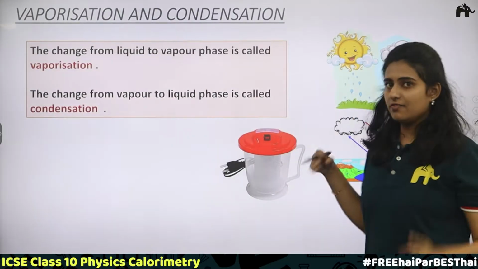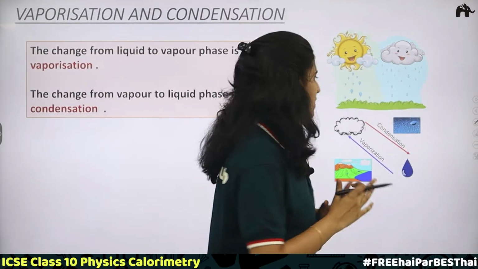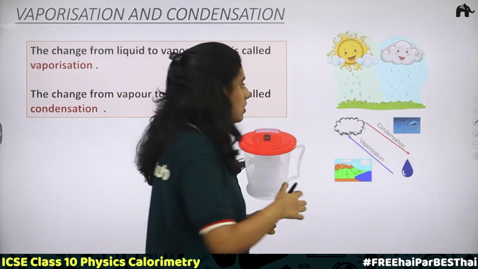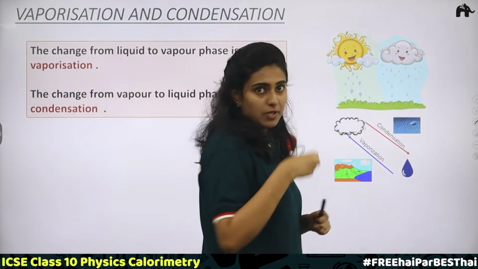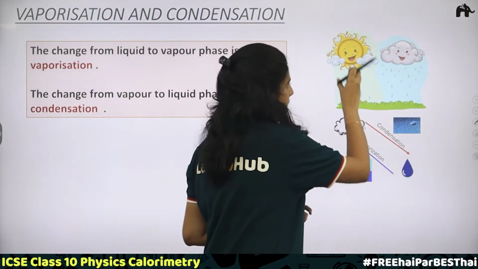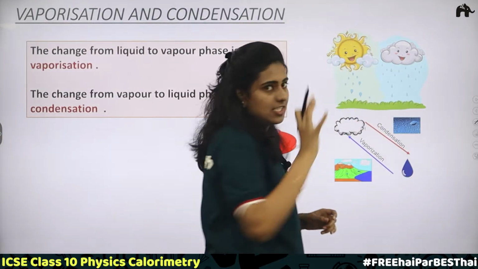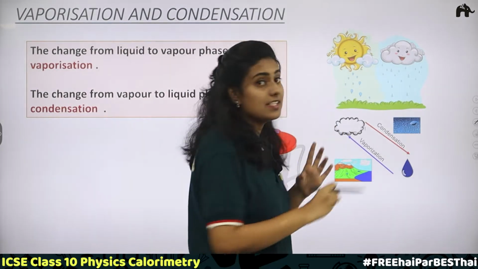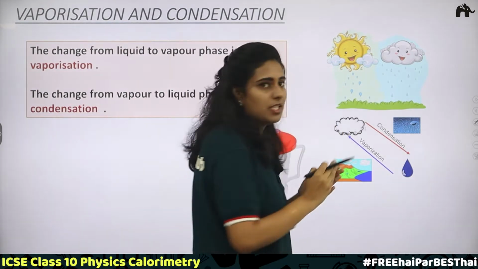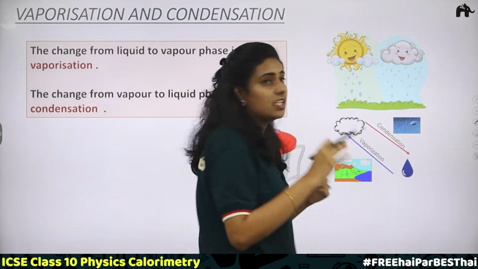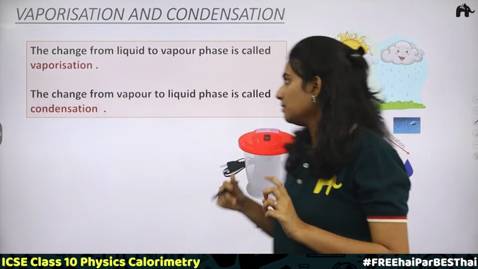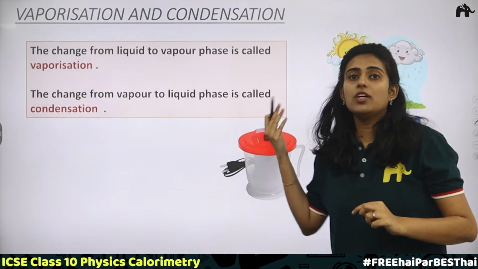Vaporization and condensation. We have studied about the water cycle. During a sunny day, water gets evaporated, and then when it reaches the sky, condensation happens. Okay, so we'll understand what condensation and evaporation are. When it comes to the case of only water, we say evaporation. Vaporization is the normal term, that is, a liquid getting converted to vapor.